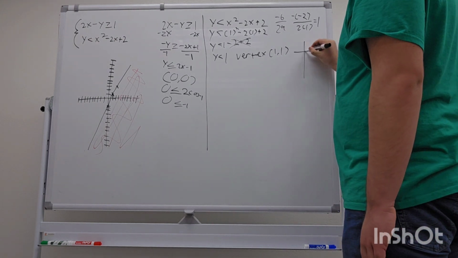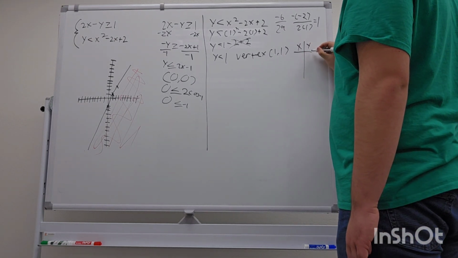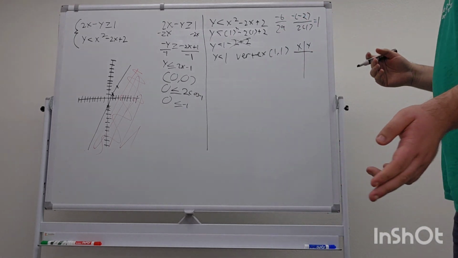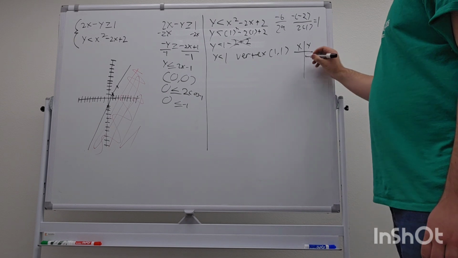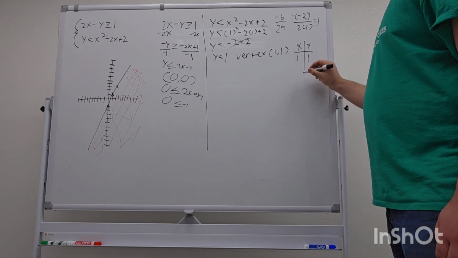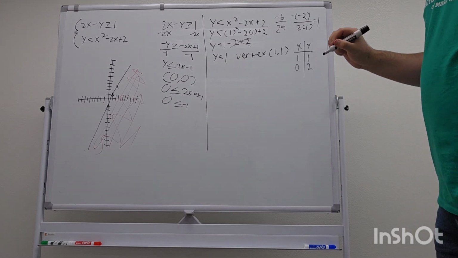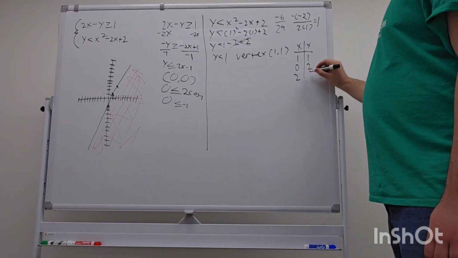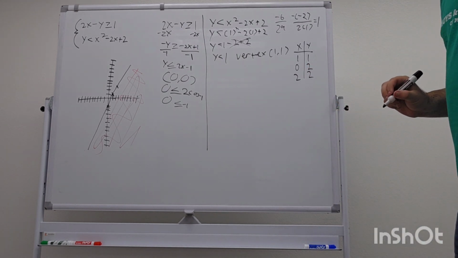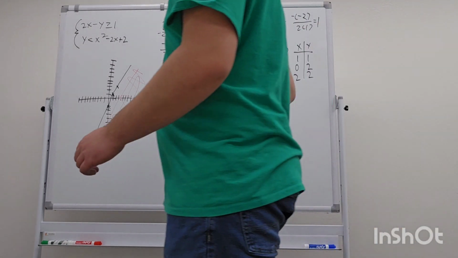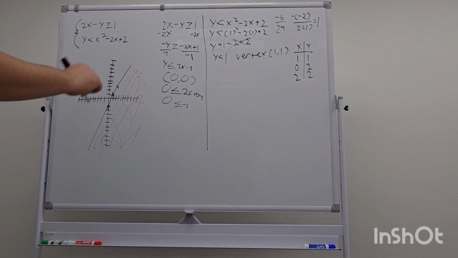So let's come over to the side here, make ourselves an XY chart. And for the sake of time, I won't be doing every problem by hand. So we have 1, 1 is our vertex, 0 comes out to 2 on the XY chart, and 2 comes out to 2 on the XY chart. So we're going to come over here again and graph our points.